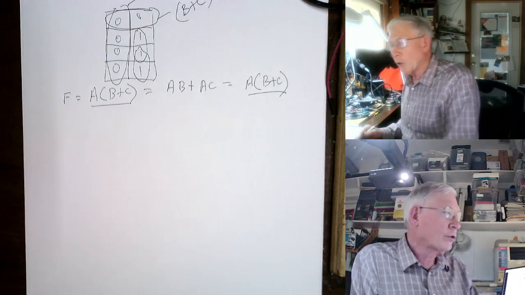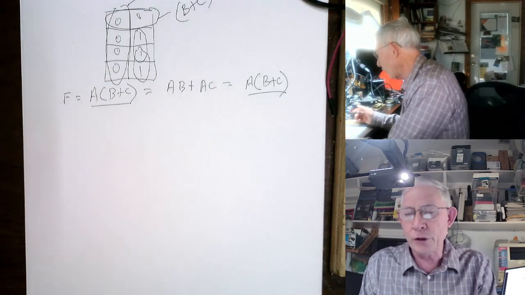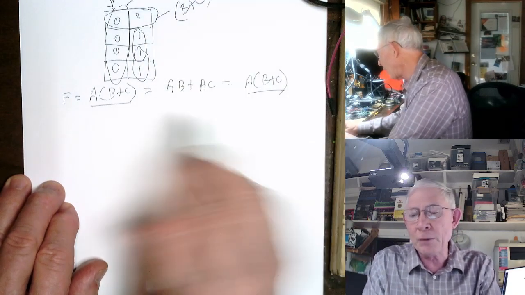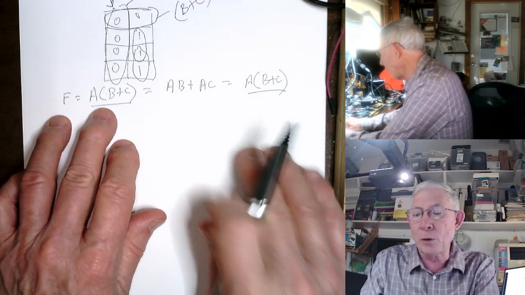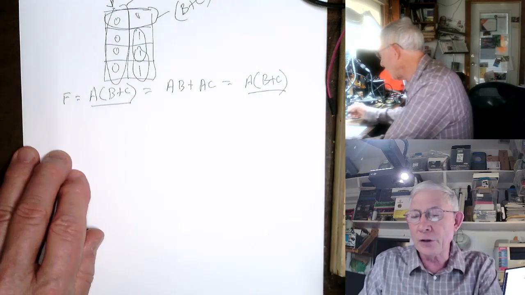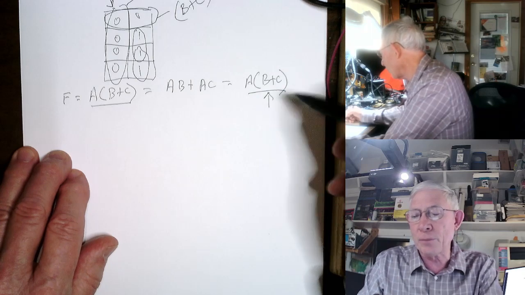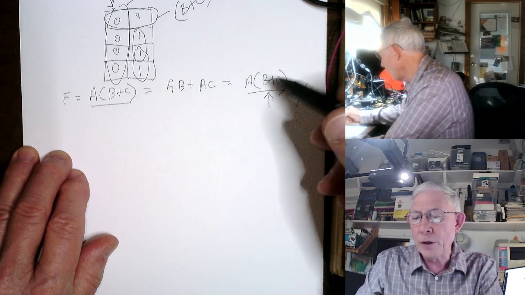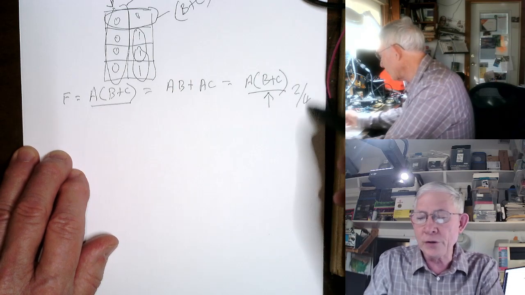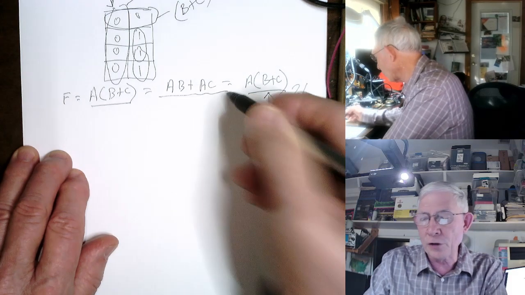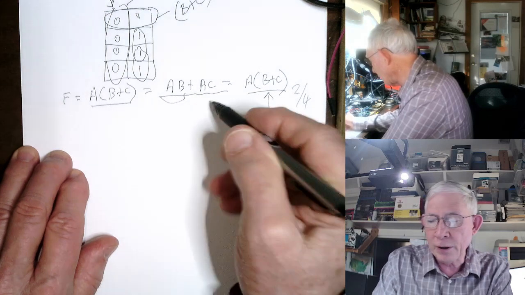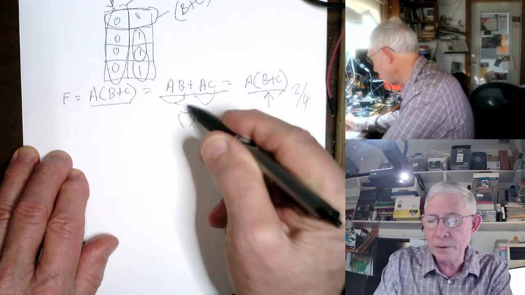All right, so that's a good example of how we do this. The customer gives us the truth table. The truth table turns into a K-map. The K-map turns into an SOP and a POS solution, and we pick the best. In this case, the POS solution is slightly simpler. It only has two gates and four inputs, whereas the SOP solution has three gates: an AND gate here, an AND gate there, and an OR gate there, and six inputs.